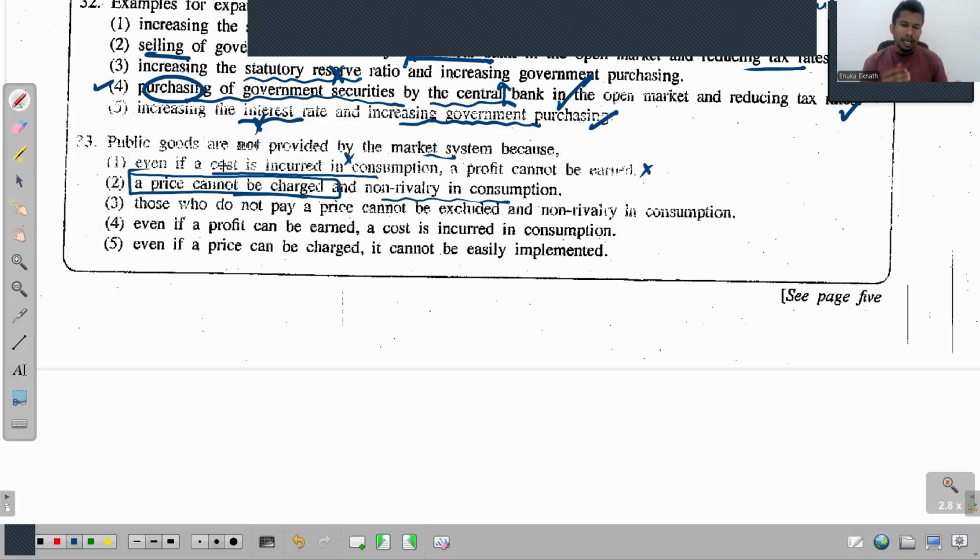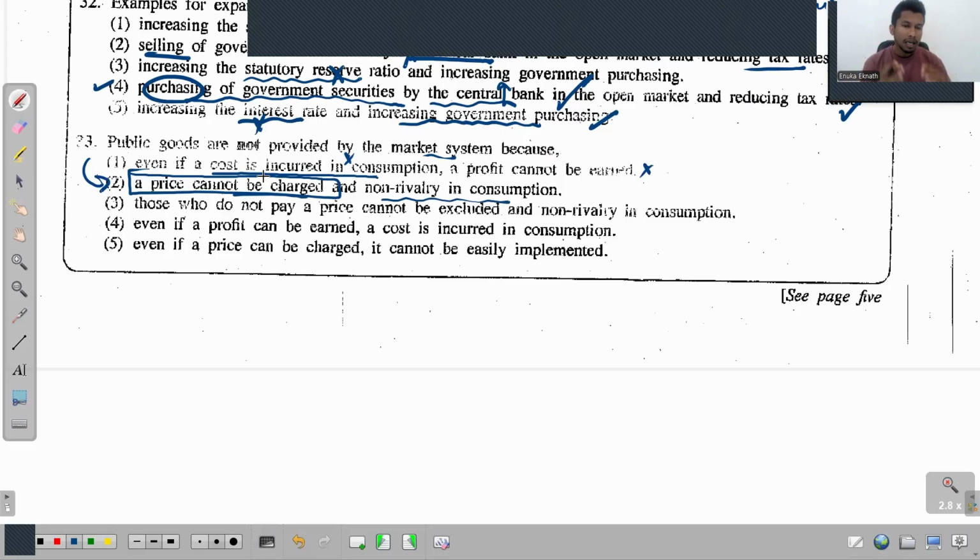Non-excludability means if somebody is not paying the price, we can't avoid that person using the given public good. So as a result of having this non-excludability, we can't charge a price. This is like the outcome of this property.